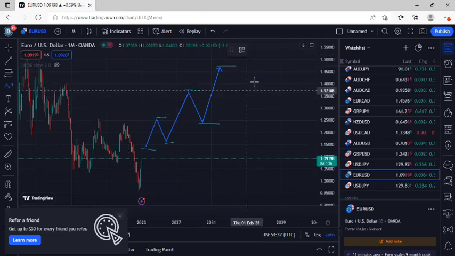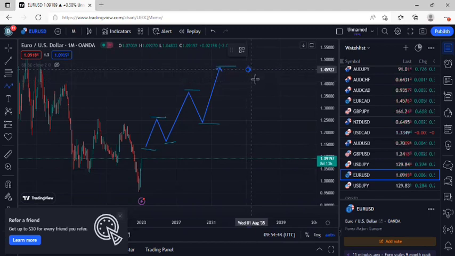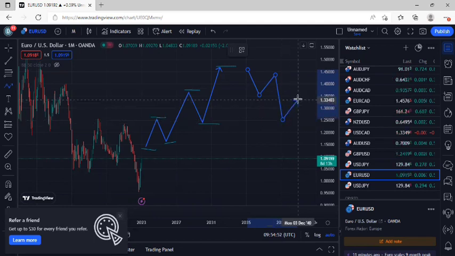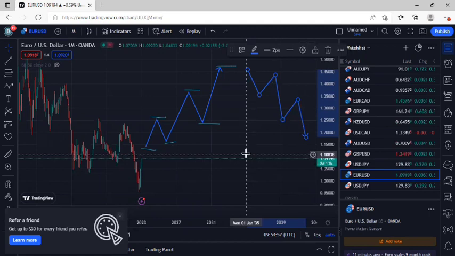So for the bearish, we have the low, the lower high, the lower low, the lower high, the lower low, and so on and so forth.